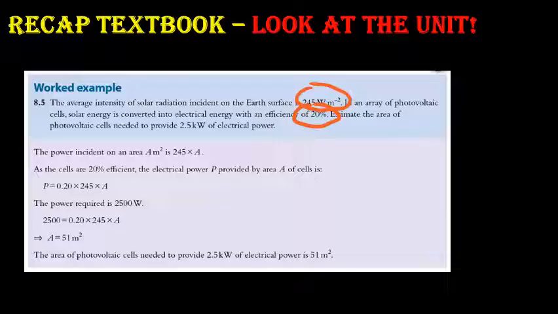Estimate the area which can provide this. So basically you can see that this is the power over A, and this is the power. So if you want to find the area, then I think it's pretty obvious in that case. This is how you can look at the units and figure out the relationship between the variables.